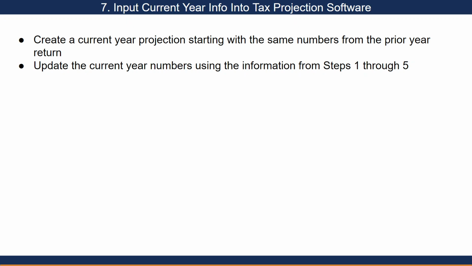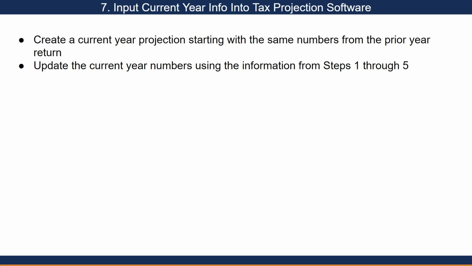The way that this works is that we basically take that prior year information that's in there, and we roll that into a current year projection number. So basically in our tax projection software, we have a prior year and a current year, and they both say the exact same number, so that we know that our current year is starting where our prior year was.